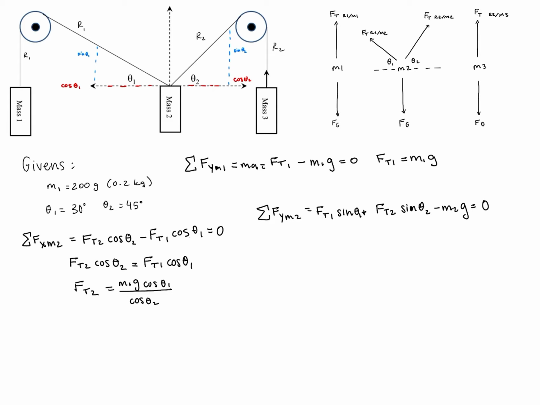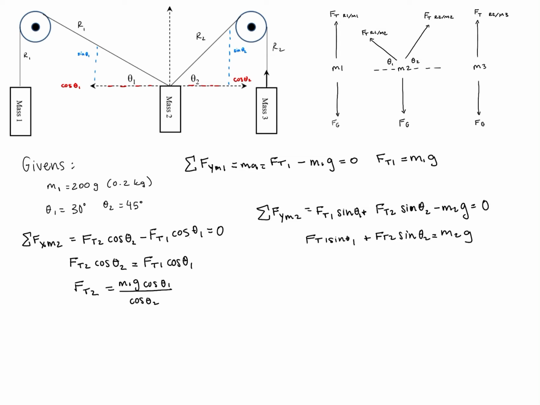And we have the same process of getting certain variables to one side just to get specific variables. So ft1 sine theta 1 plus ft2 sine theta 2 is equal to m2g.